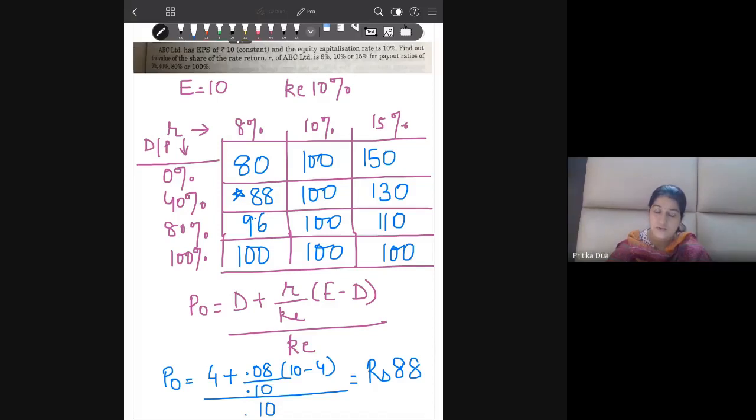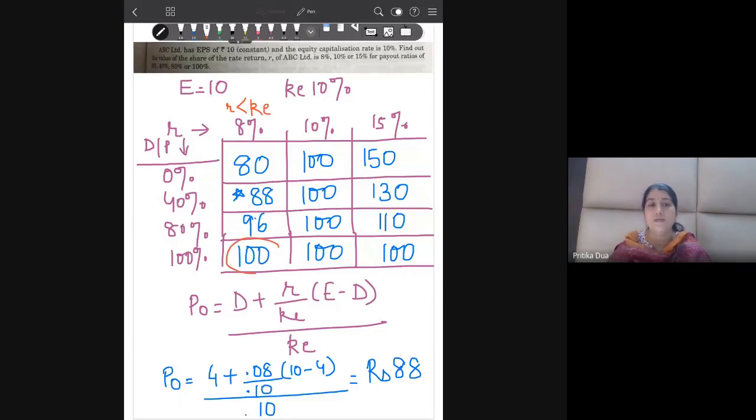Okay, so rest of you also complete. And you can see in the solution box also, when R is less than KE, it is better to distribute more.